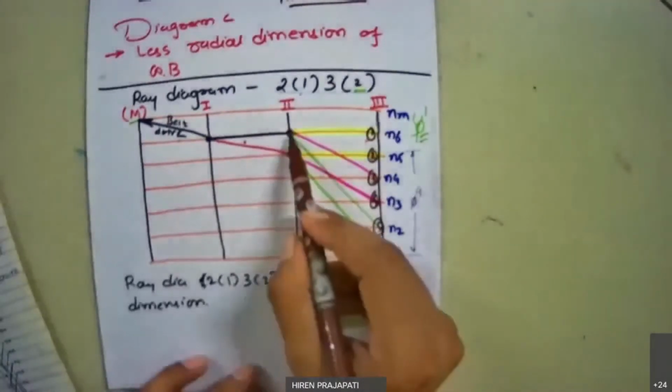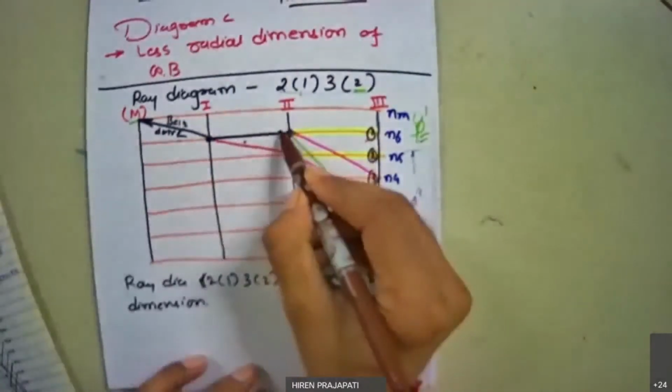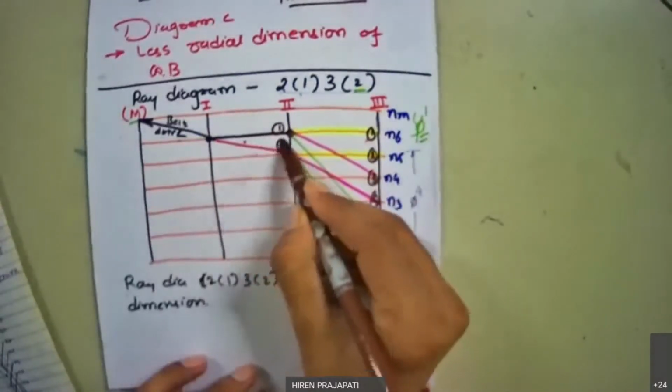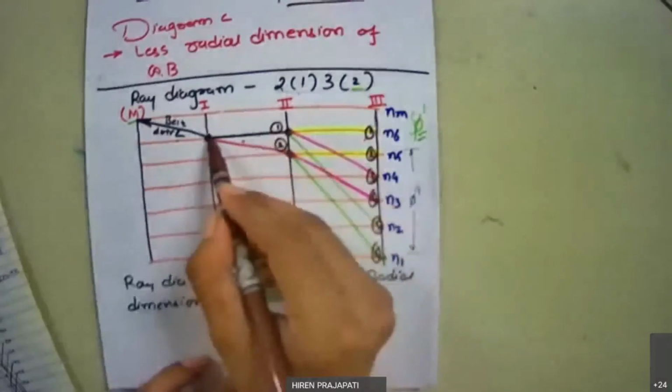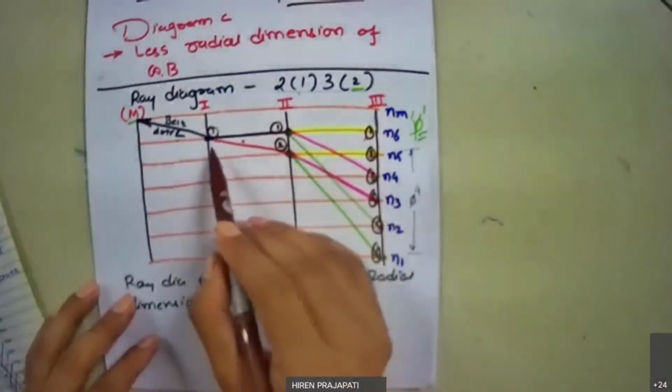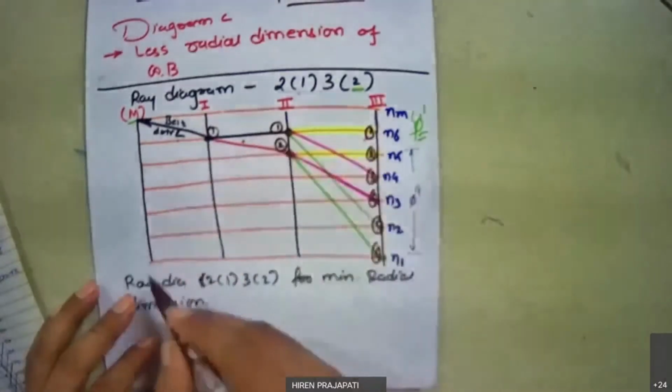Similarly, on shaft 2, the maximum speed is N6 and the minimum speed is N5, so only 2 nodes. And on shaft 1, 1 node. So just total the nodes on each shaft.